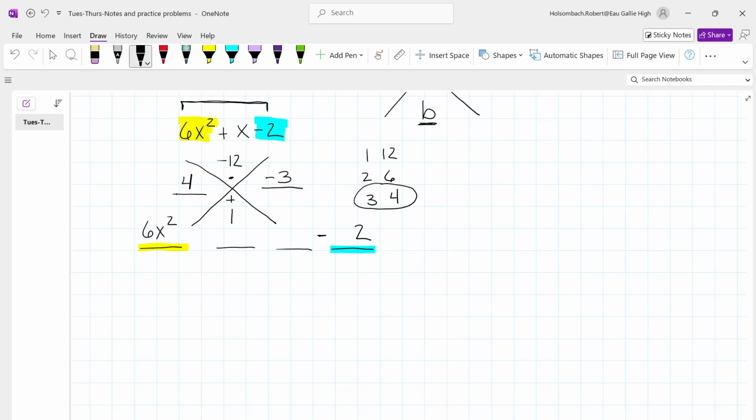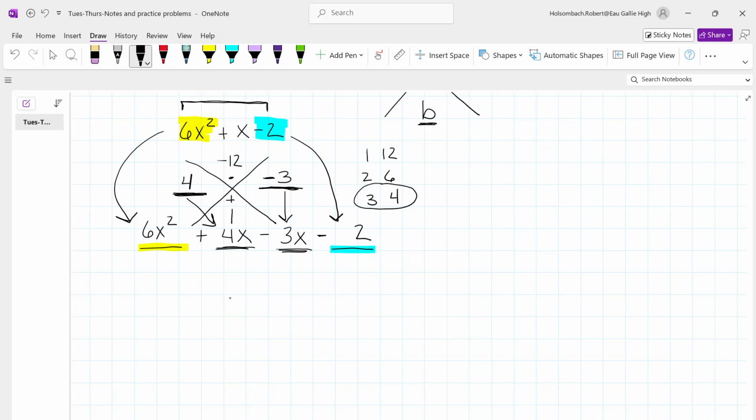Now, what's in this position and this position go into these two positions. Since our variable in the trinomial is x, we take this positive 4, we go positive 4x, and then since this term is negative 3, we go minus 3x. Simple enough. That's just moving numbers, right? This goes to here. This goes here, here, and here.